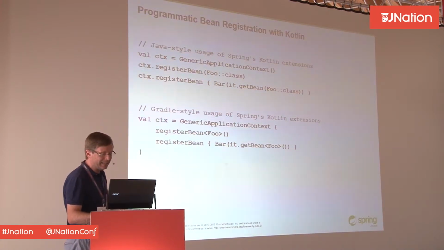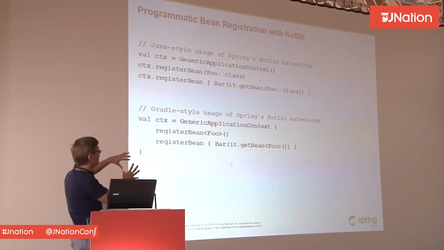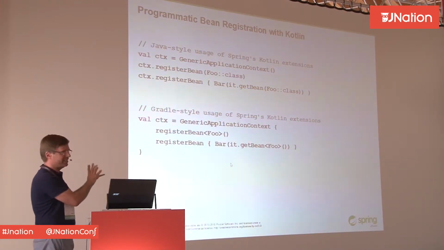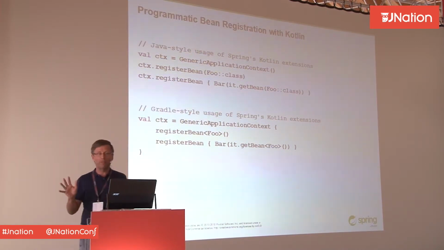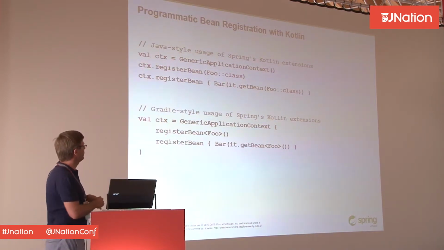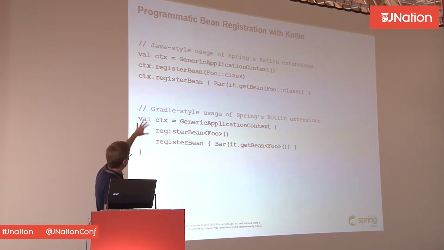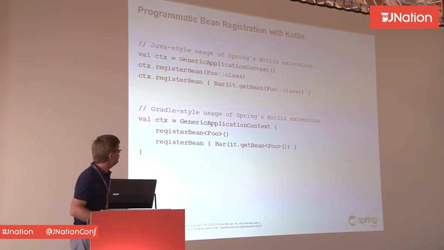This is slightly more advanced. It's the same code, but using different Kotlin language features to get a bit more of a DSL style impression. It's called Gradle style usage here, just because the Gradle build tool has a Kotlin DSL that is sort of similar to this in style. But it's essentially doing the same thing. It's nesting the calls to register bean, and it's using Kotlin's reified generics to infer the types.